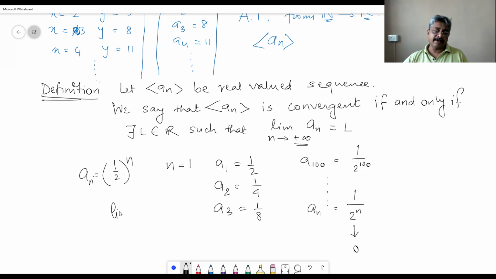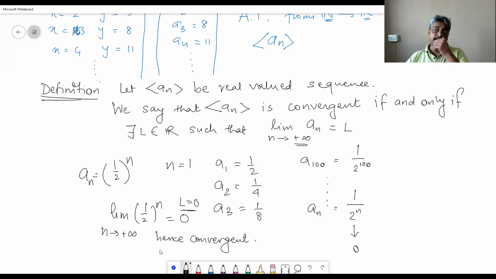Correct? So the limit of half raised to n as n tends to plus infinity is equal to 0. Hence convergent. It converges to 0. L is equal to 0.